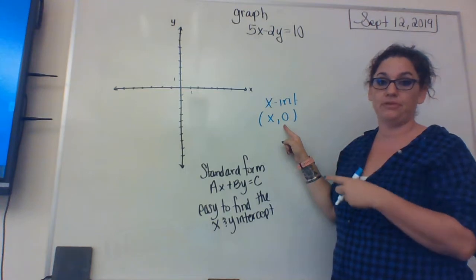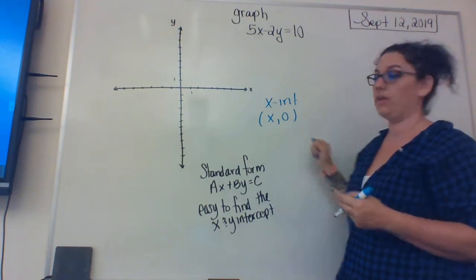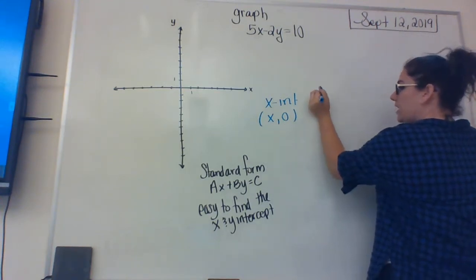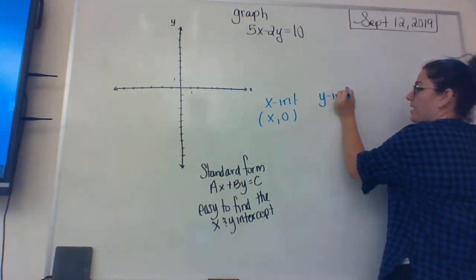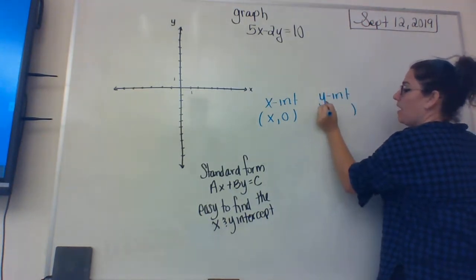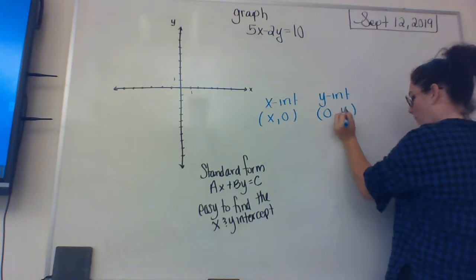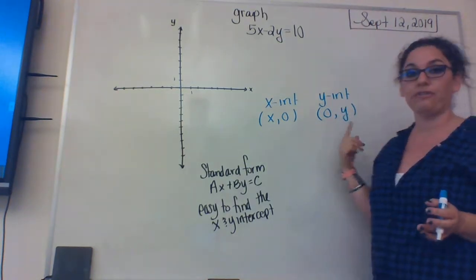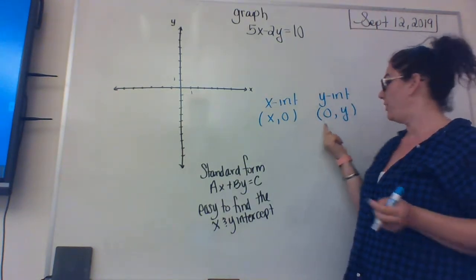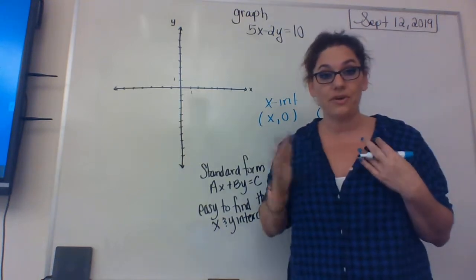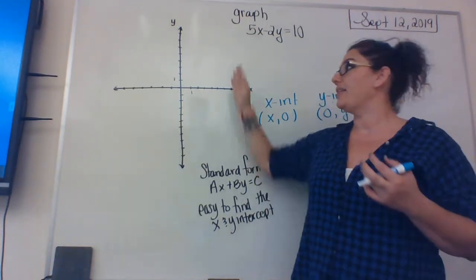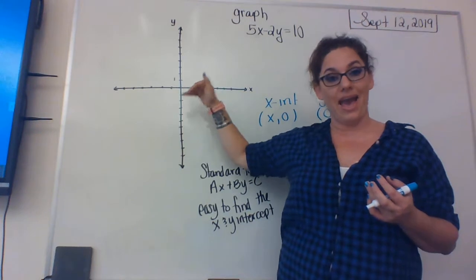No vertical movement, only horizontals. And the other one is the y-intercept, and you'll always recognize it because it'll be (0, y). So it'll have some number for the vertical motion. So again, no horizontal, none whatsoever, only up and down. So it could literally fall on the y-axis.